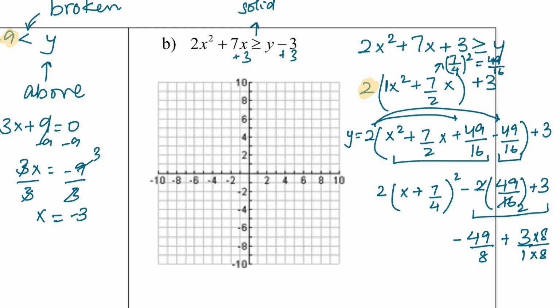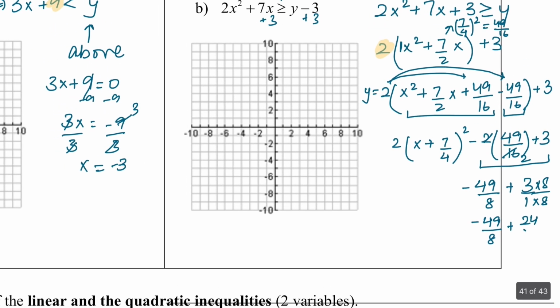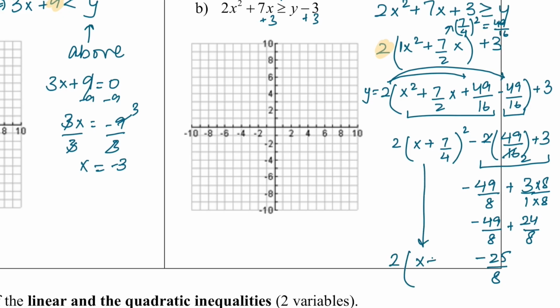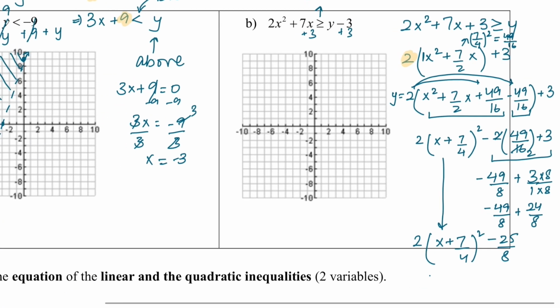So I have negative 49 over 8 plus 24 eighths, which is just negative 25 over 8, and this just comes back down, so we have this. Now that means my p and q values are negative 7 over 4 and negative 25 over 8.